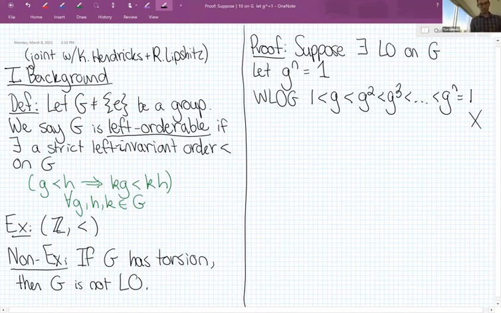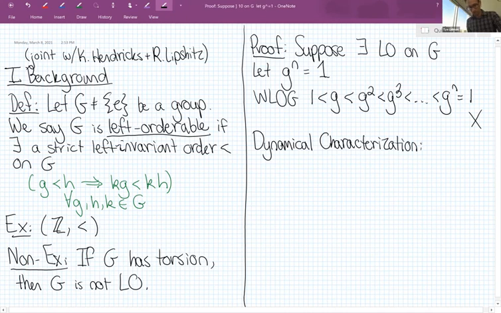Okay, so some groups have this left order structure, some don't. We could ask a few questions: one, who cares? And two, what kind of algebraic information can we actually extract out of this? I'll point out that there's a dynamical characterization of this, which we won't have time to get into, but I want to mention it as a different viewpoint on left orderability.